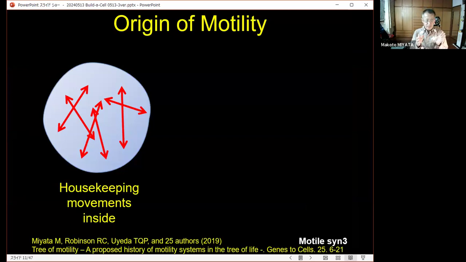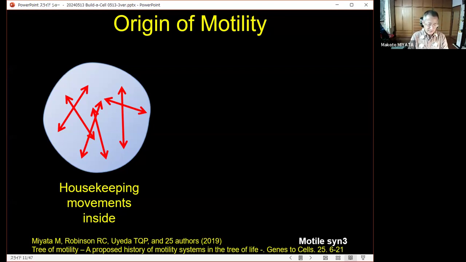Then, on the idea of the origin of motility, we found a common story. That is the housekeeping movements inside.